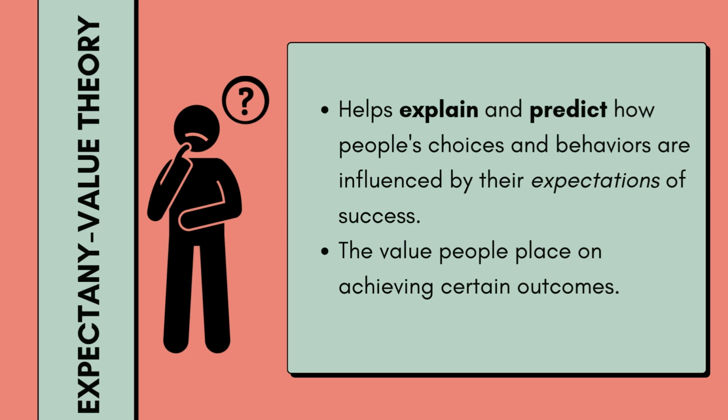The expectancy value theory is a theory that helps explain and predict how people's choices and behaviors are influenced by their expectations of success. It also focuses on the value people place on achieving those certain outcomes.